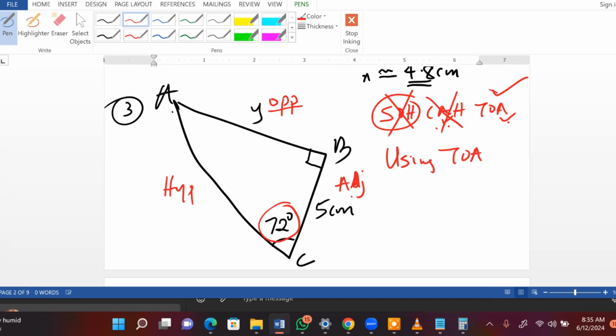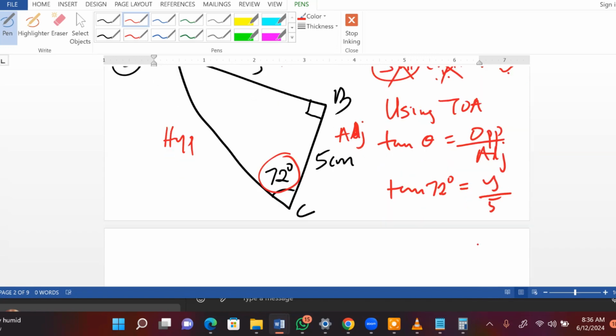Using TOA, in that case, we're going to have tan theta equals opposite over adjacent. So that is tan 72 degrees equals opposite, here is y, and the adjacent is 5.